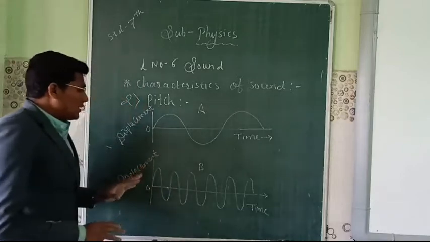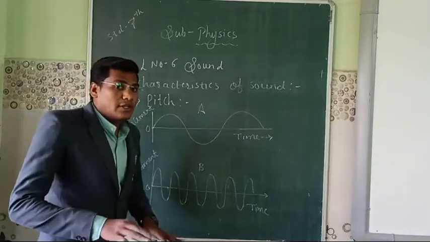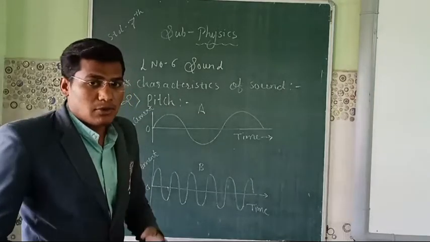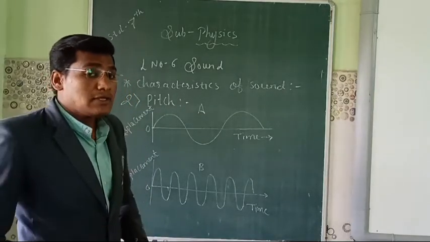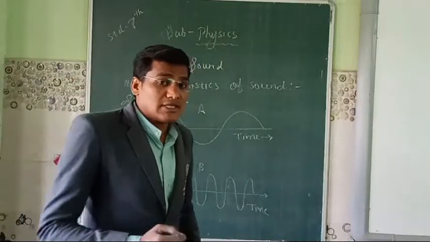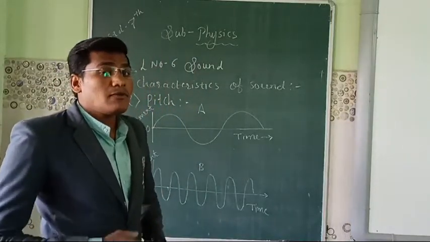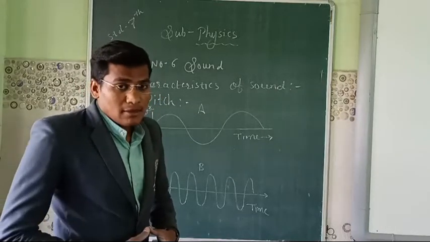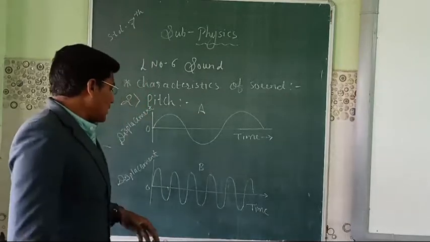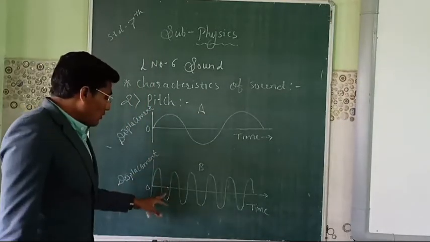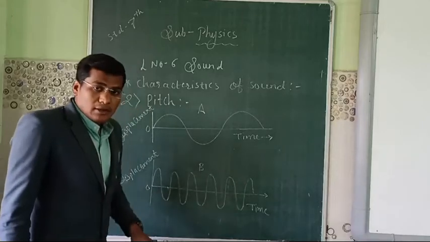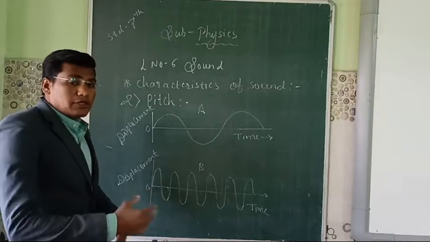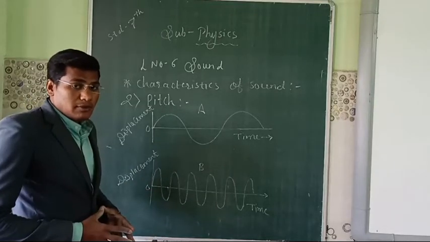Whenever we see the figure, going by the definition of pitch, the more the frequency, the more the pitch. And the more the number of vibrations, the more the frequency. It means the more waves there are in a displacement time graph, the more pitch that sound will have.